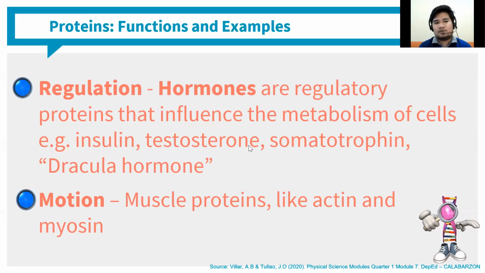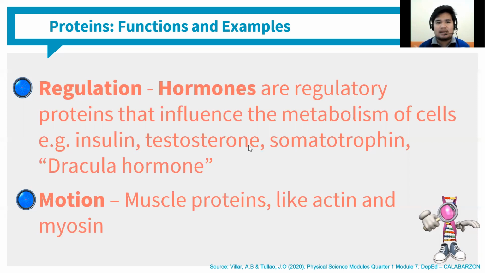So also proteins can be regulatory proteins such as hormones. Hormones influence the metabolism of cells such as insulin, no? Familiar tayo dyan. Testosterone, okay? Somatotrophin or yung growth hormone, and meron tinatawag na Dracula hormone or yung melatonin. Yung nagko-control ng ating sleep cycle.